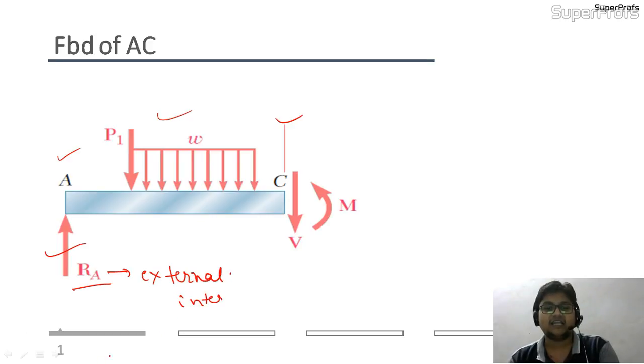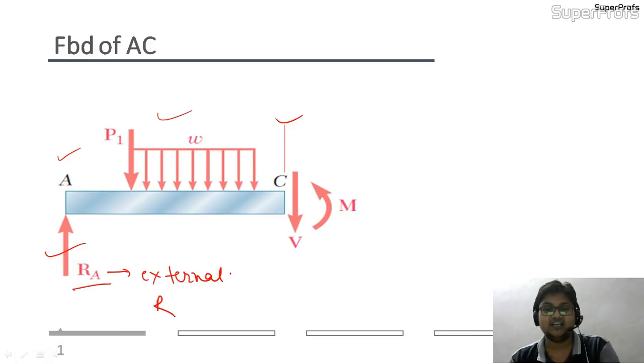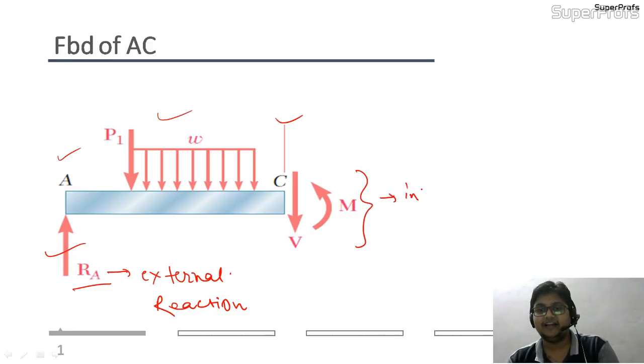It is always the external reaction, because the hinge is outside this beam. Hinge is not the intrinsic part of the beam. So it is the external reaction. And what I have showed here, these things are internal reactions.